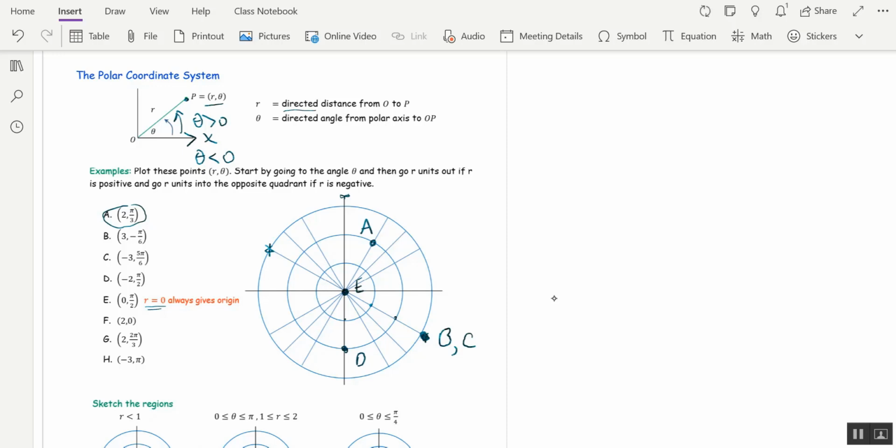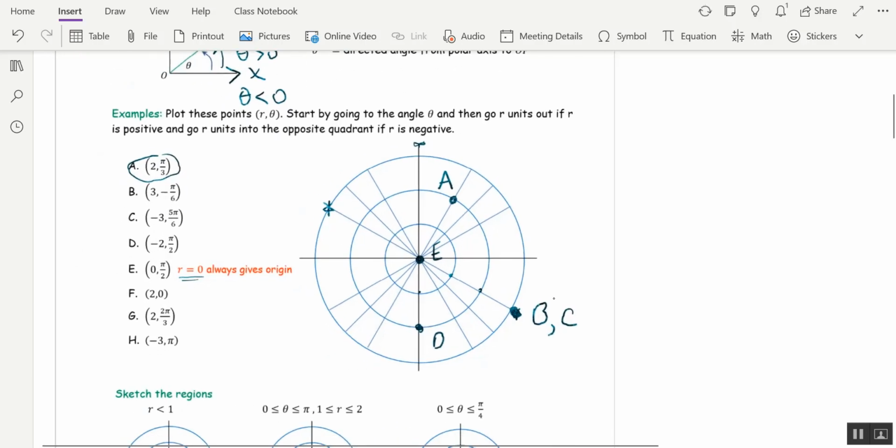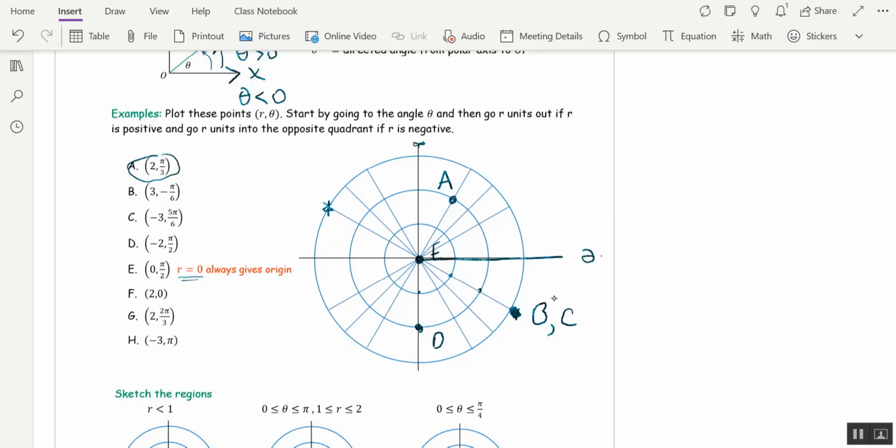Okay, but what about if theta is 0? So F has r equal 2 and theta equals 0. The angle 0 is the positive x-axis. This is theta equals 0. So I'm somewhere on that line, and here I go 2 units out. 1, 2. So this is F. All right, 2 more.